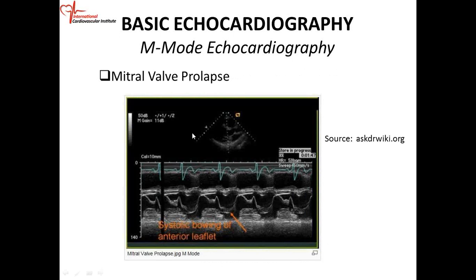When we say someone has mitral valve prolapse, what we're saying is, in systole, when the mitral valve closes, it bends sort of backwards into the left atrium. That is the definition of mitral valve prolapse. In systole, when the mitral valve closes, it bends backward into the left atrium.